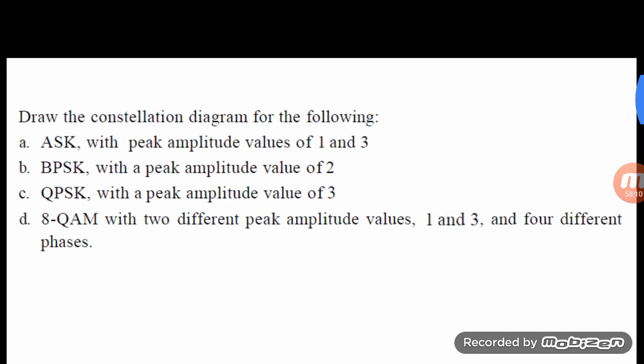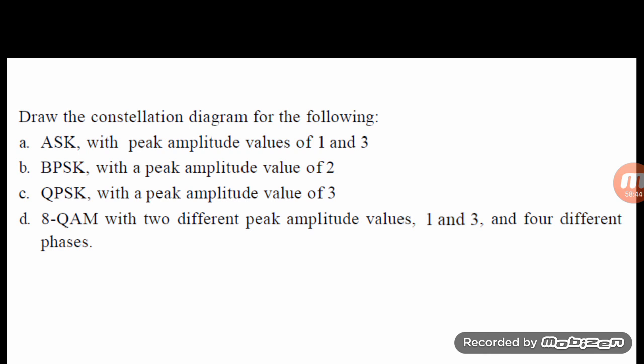So let's take the first example. Draw the constellation diagram of ASK. Keep in mind, ASK means only the amplitude will change, with peak amplitude values of 1 and 3. What does it mean? If this is the constellation diagram, this is X, this is Y, and this is my origin. He's saying I'm using ASK, and ASK means only the amplitude is changing, and the 2 amplitudes he's talking about are 1 and 3.